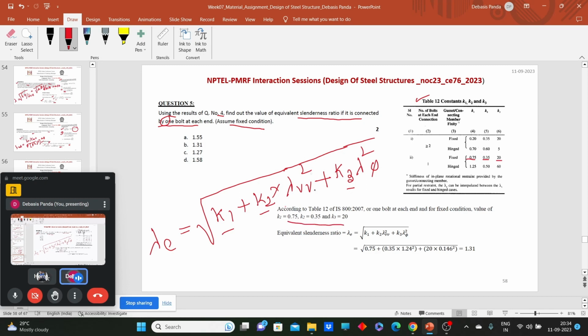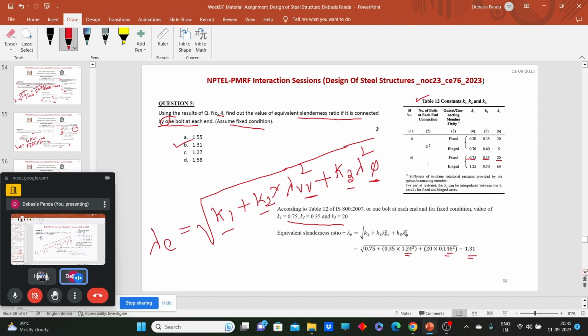Now lambda VV and lambda phi we have already calculated in the previous question: lambda VV comes as 1.24 and lambda phi comes as 0.146. If you calculate and solve for lambda equivalent, that comes as 1.31. So 1.31 will be the right answer.